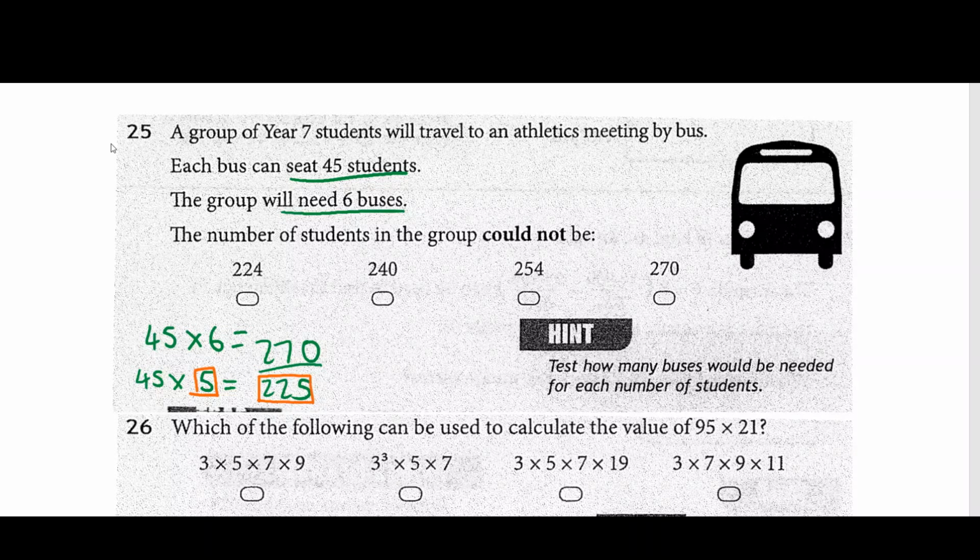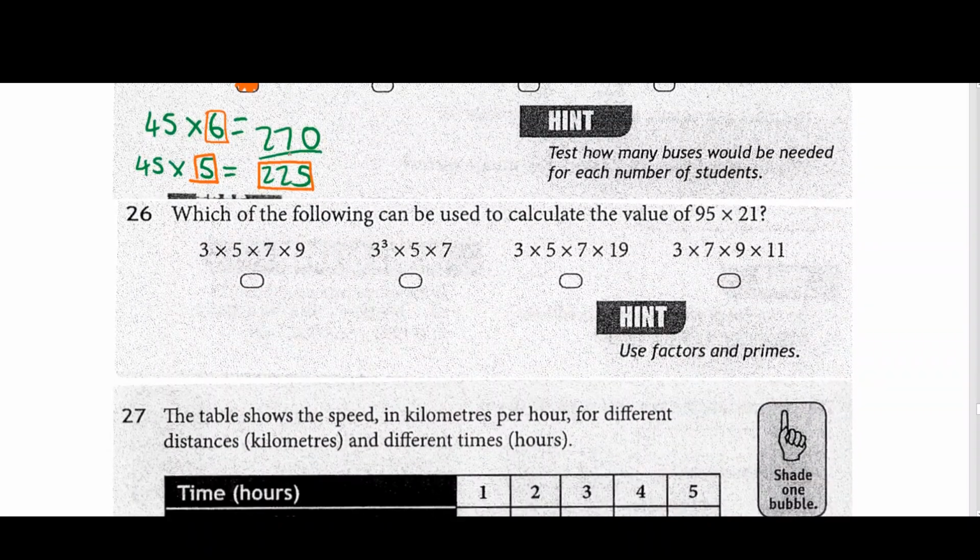All right. So any more than 225, you're going to need 6 buses. So the number of students in the group could not be 224. Because any more than 225, you need to have 6 buses. So it can't be, out of all the 4 options here, 224.